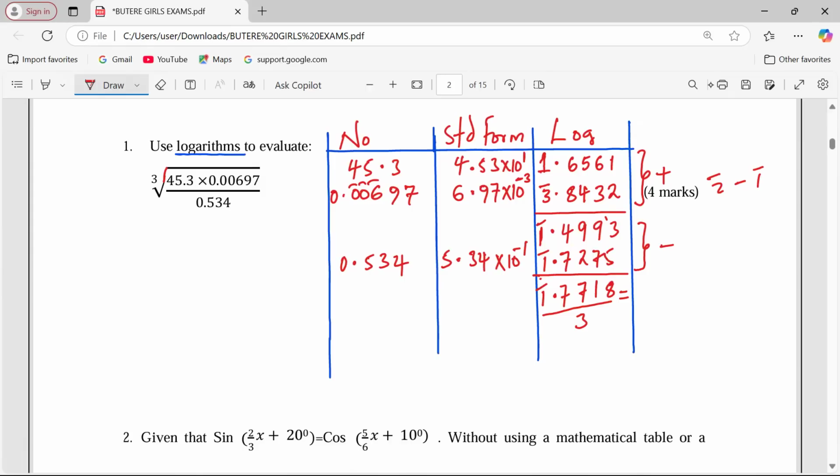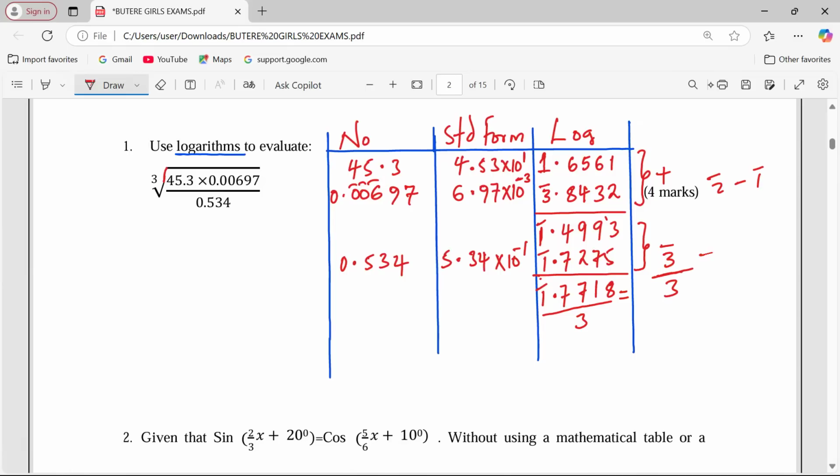So we make the characteristic a multiple of 3 so that it will be independently divisible by 3. To make -1 divisible by 3, we have to subtract 2 from -1. So when we subtract 2 from -1, we will get bar 3. So this is what we'll be dividing by 3 now.